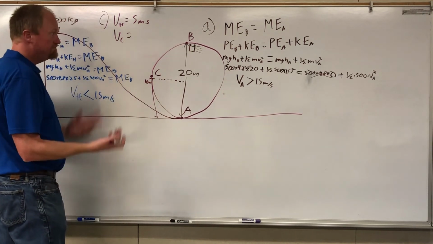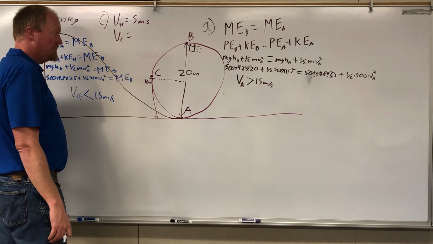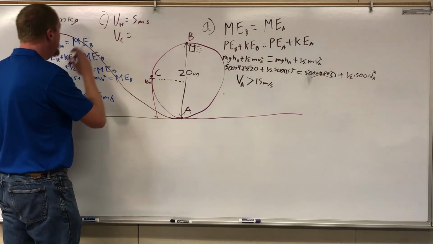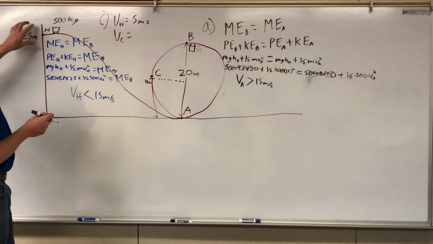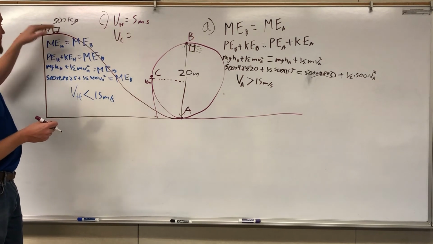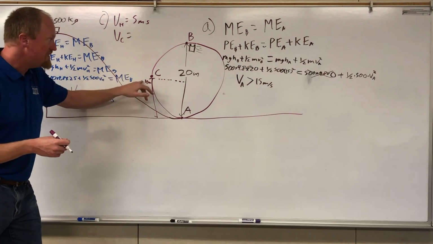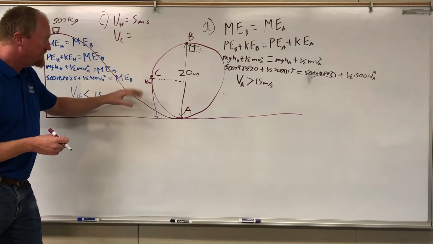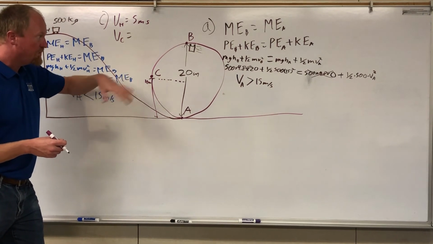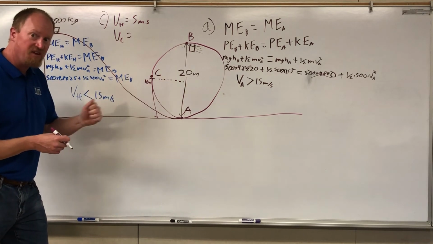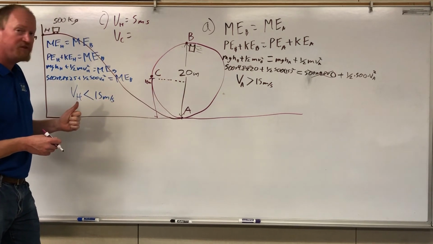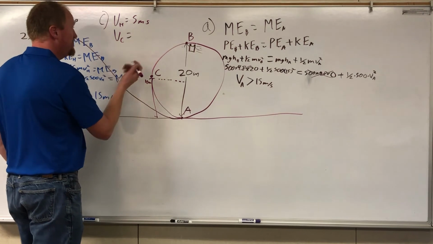It's 10 meters up. You have everything you need because you've got the potential energy here, and with 5 meters per second, you can figure out the kinetic energy. Potential plus kinetic gives you mechanical energy. It's going to be the same amount of mechanical energy here. You can figure out the potential, and whatever the difference is, that's the kinetic. Based on that, I think by now you can figure out what VC is.